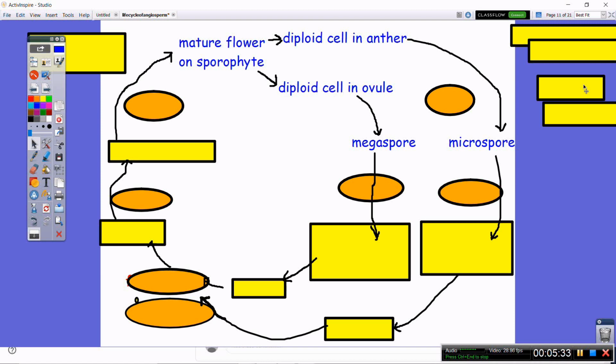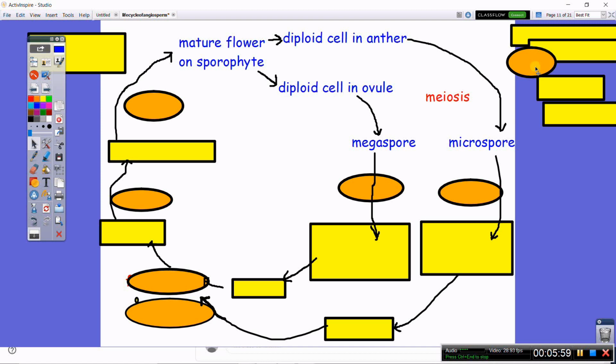Now, if you keep in mind that spores are haploid, but the sporophyte is diploid, then you probably can predict what process should be occurring here. That should be meiosis. Because if we're starting with something diploid and we're making something haploid, meiosis has got to be occurring there.